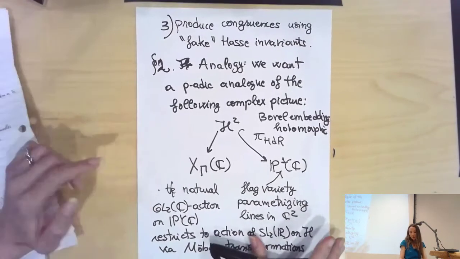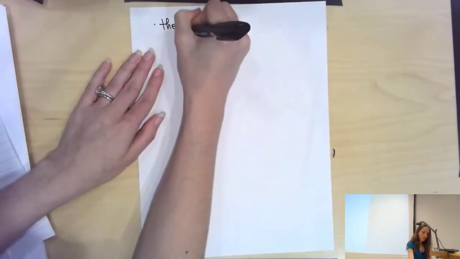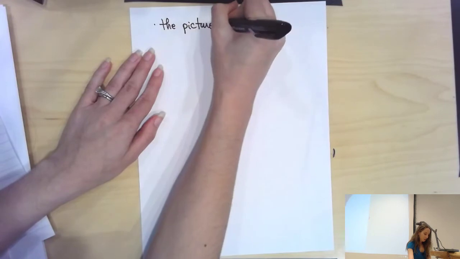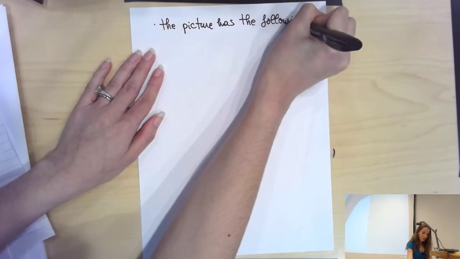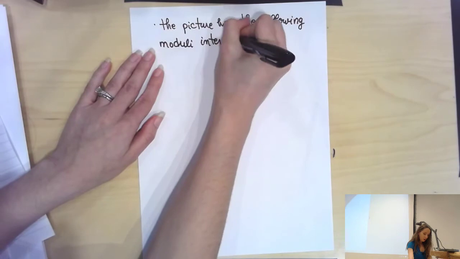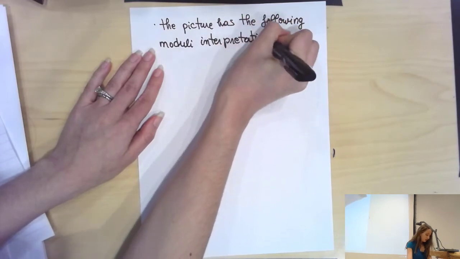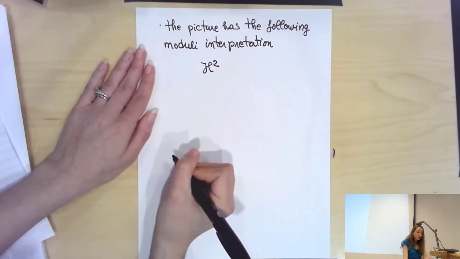And another important thing about this picture is that there's, in fact, a moduli interpretation. And again, it has to do with Hodge theory. So I mentioned that the upper half plane parameterizes Hodge structures of elliptic curves.